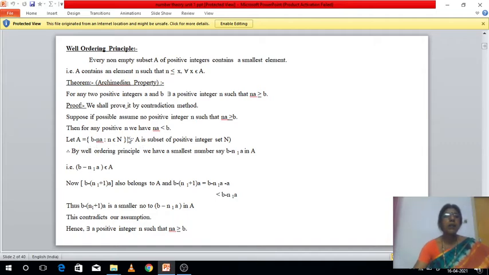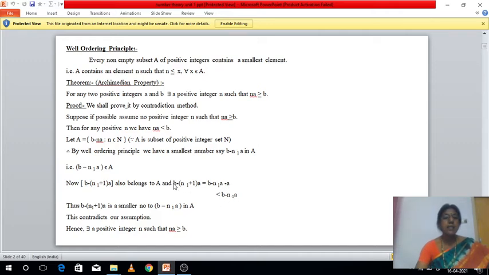That means this number belongs to N. So all elements of A belong to N, which means A is a subset of N. By the well ordering principle, we have a smallest number in A. We let that number be b minus n1a, which belongs to A. Now n1 is a natural number, so n1 plus 1 is also a natural number, so b minus (n1 plus 1)a also belongs to A. Now we observe this number, b minus (n1 plus 1)a is equal to b minus n1a minus a, which is less than b minus n1a.